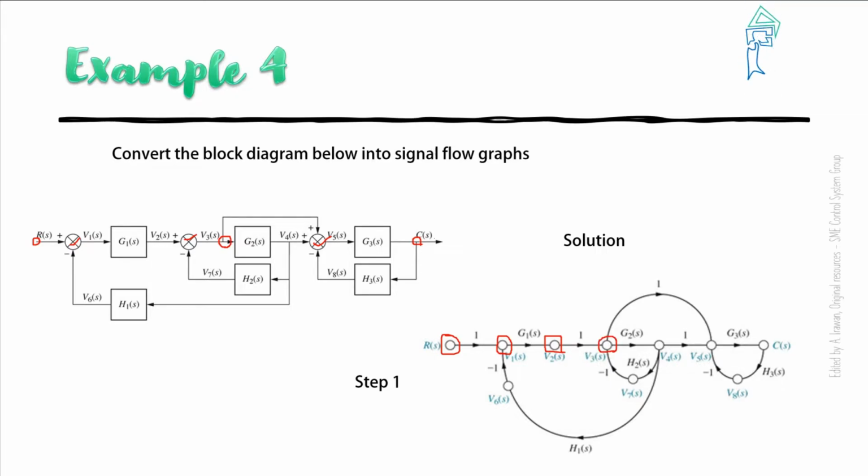After this pick-off point, we have another pick-off point, so we have 1 node. After this pick-off point, we have another summation junction, 1 node, and then lastly we have a pick-off point of the output, 1 node.